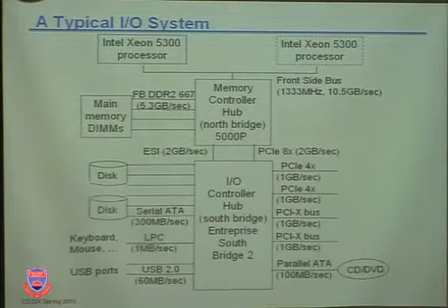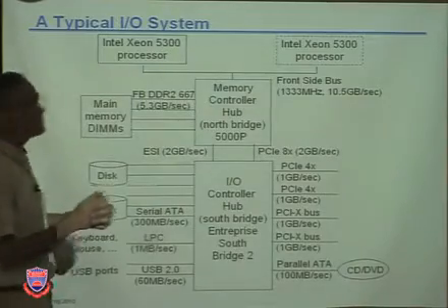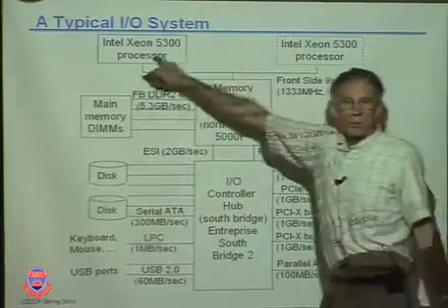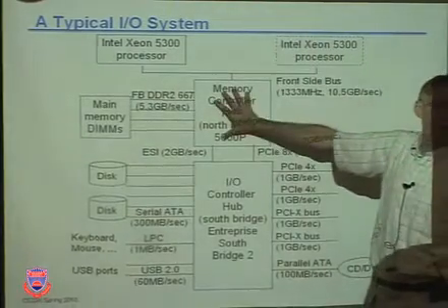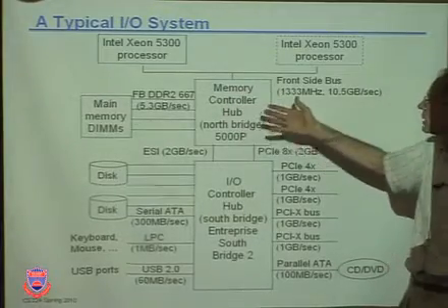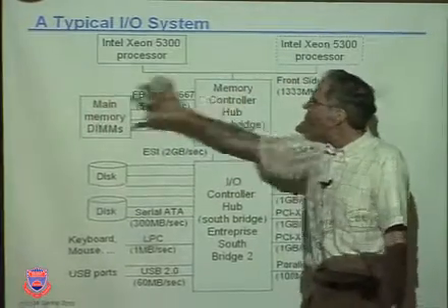Okay, here's an architecture that I think all of us should be very aware of. Typical I/O system. We've got here one or maybe two processors or cores that connect to what's called a north bridge. This chip is a memory controller. Its main job is to interface processor to memory. Okay, here's main memory.